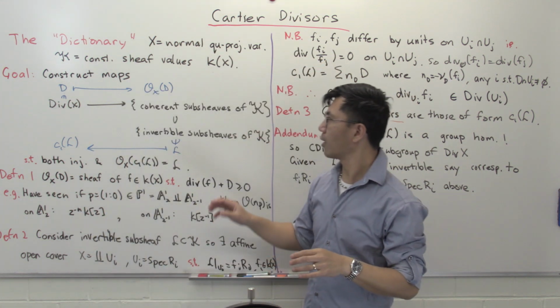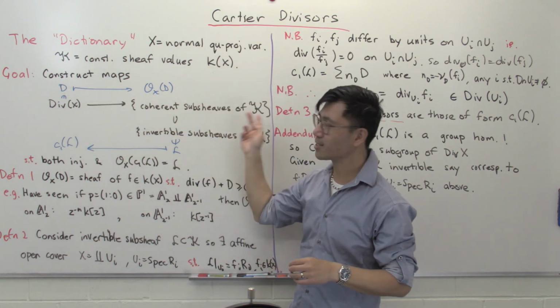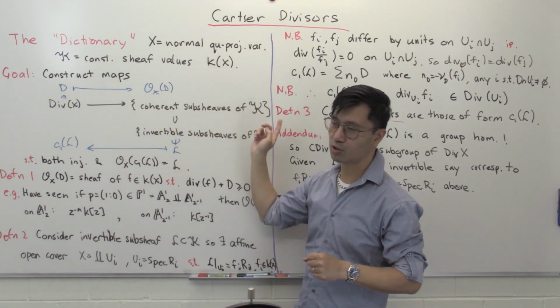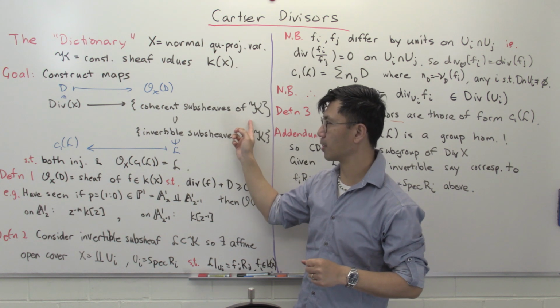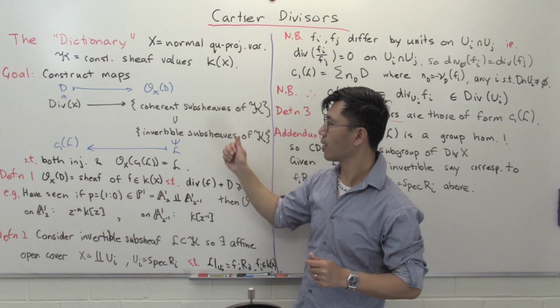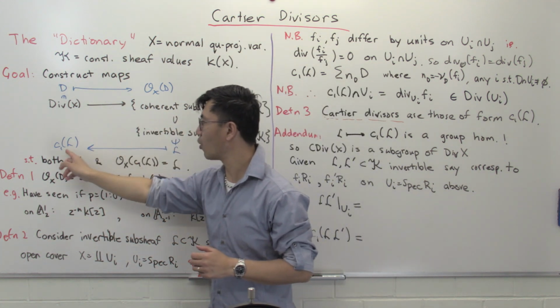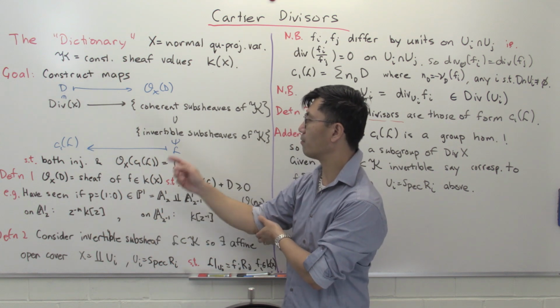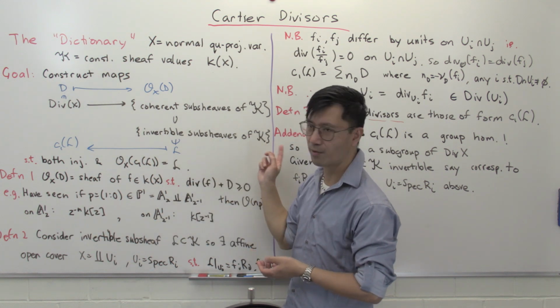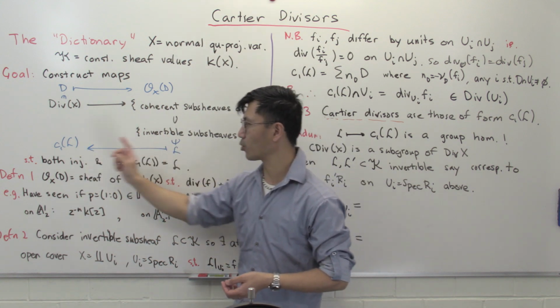Firstly, in general, when you apply this construction, you might not always get an invertible subsheaf of script k. That's the first thing. So that means that there are some divisors which aren't first Chern classes of invertible sheaves.